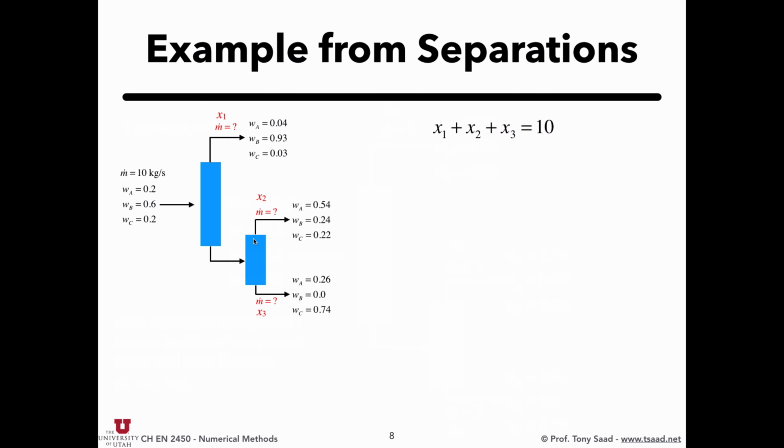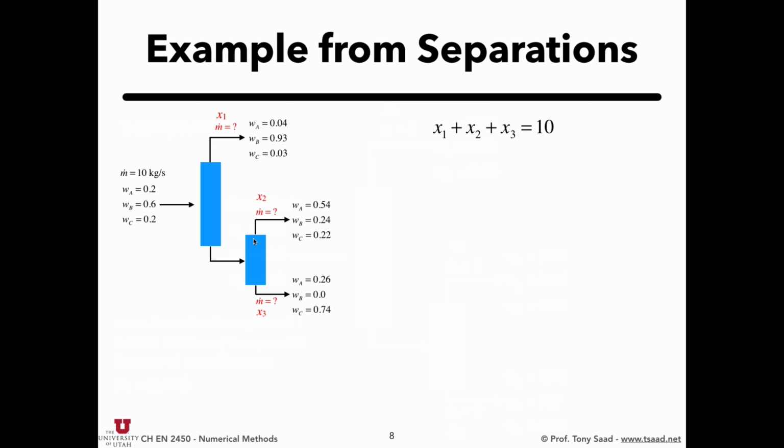Next, we will take one of the components and do a mass balance for that component, and we're going to choose component A. And like we said, the mass flow rate of a compound i is equal to the mass fraction of compound i times the total mass flow rate.